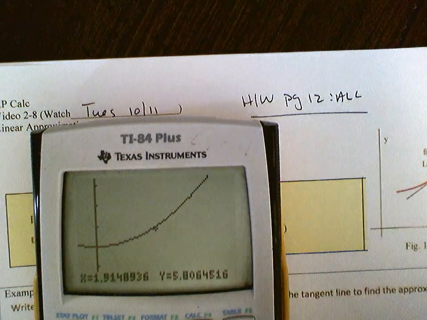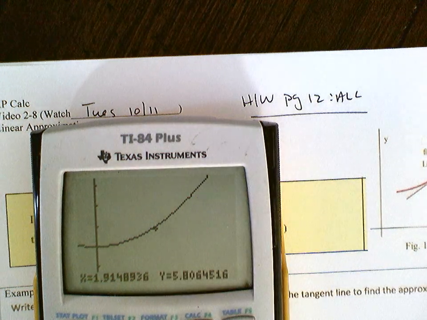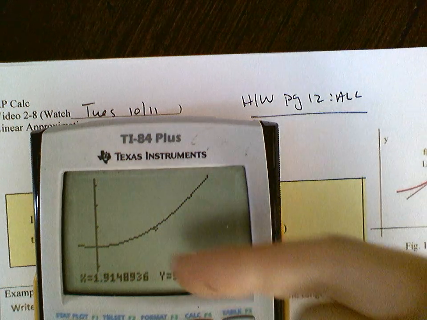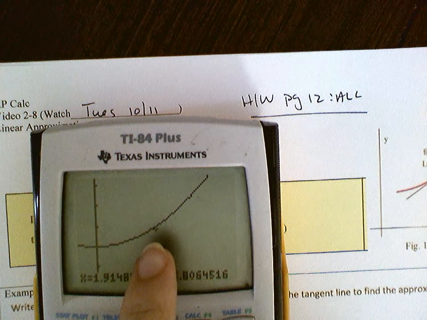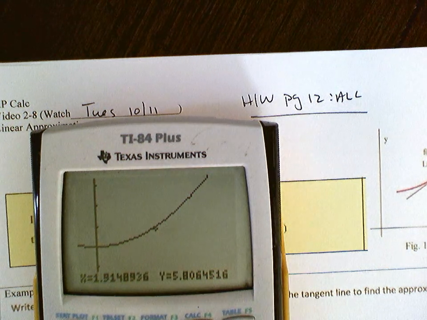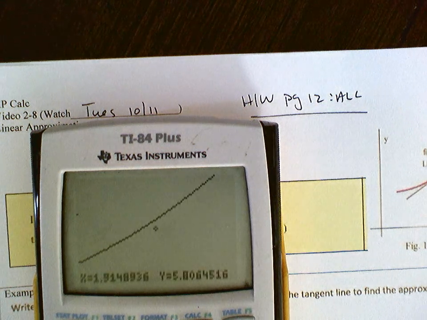So the nice thing about this zoom feature is that the blinky thing, the center of where you're zooming, is going to stay right there. So I don't have to move this again. I'm zooming in for a second time, very close to the point on the graph that has an x value of 2. And you could see it's looking more and more like a line.